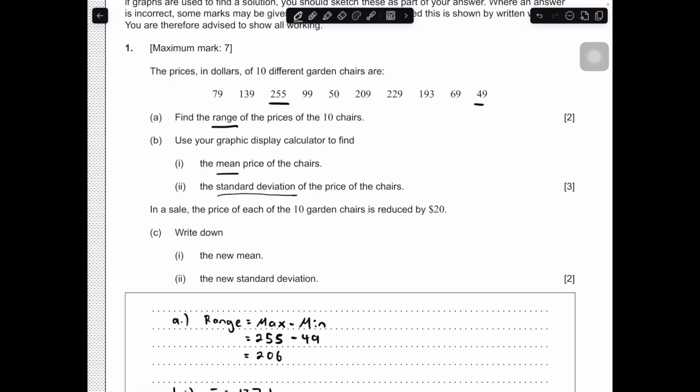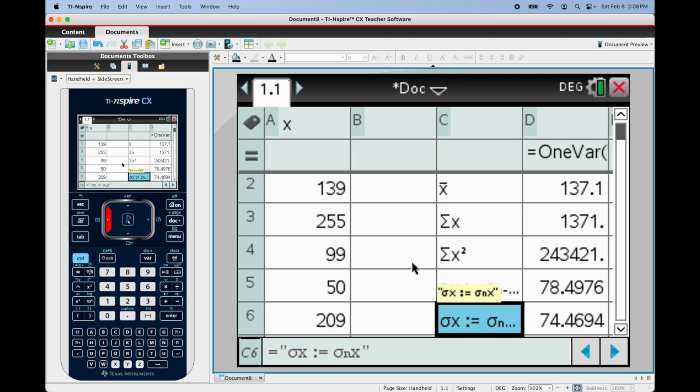In this case, we want to know the standard deviation of these 10 garden chairs. And this is the population. This is all of the garden chairs that we are interested in knowing something about. So in this case, going back to the calculator for a sec, we would choose the population standard deviation because these are all of the chairs under consideration.